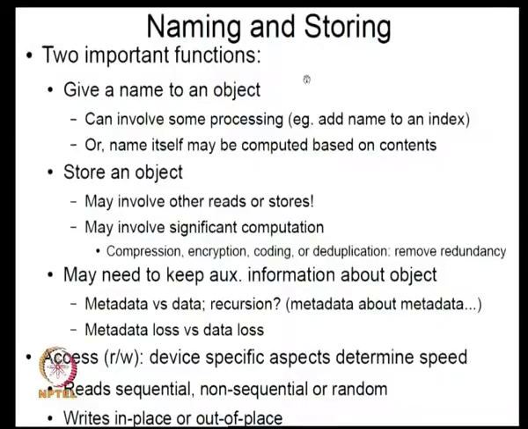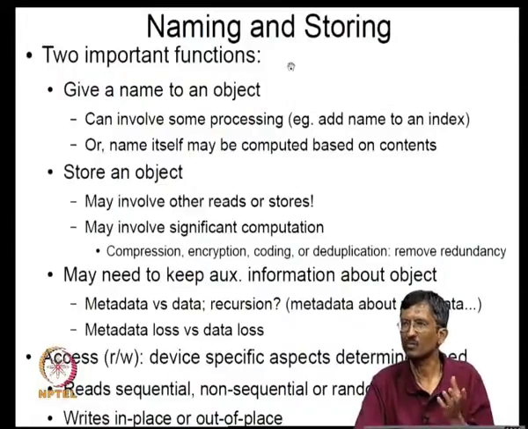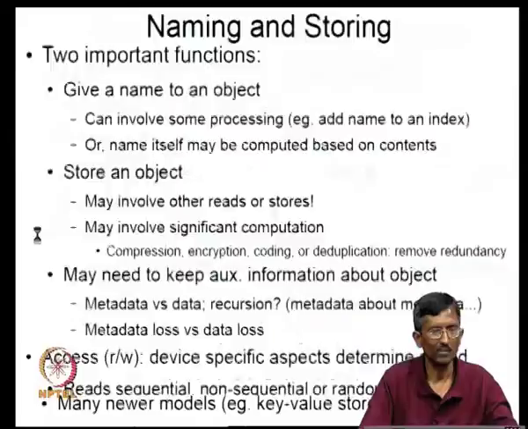So I just wanted to show that this naming and storing is non-trivial. There can be unusual complications because of various aspects, starting from basic aspects. I told you from lambda calculus what it means, but these are the two powerful operations. Starting from there, you can see the kind of computers that are required, the issues around metadata, the device specific aspects, all these things are involved.